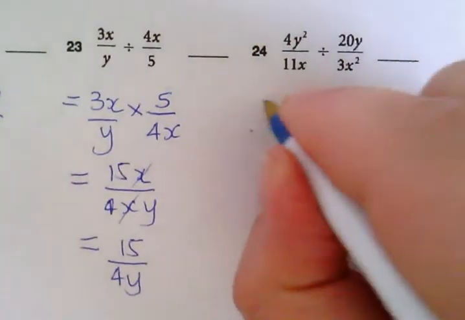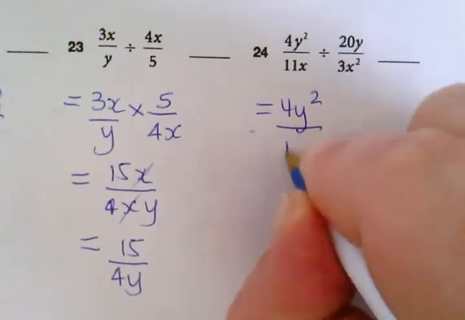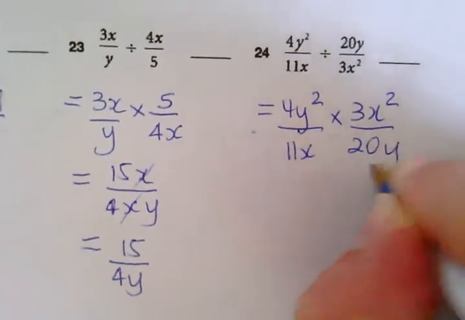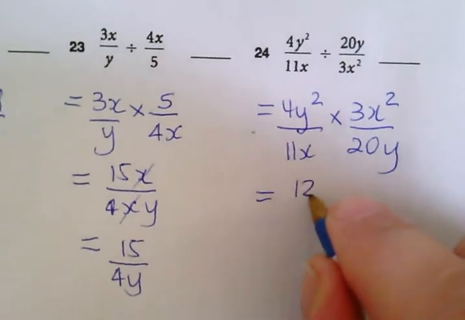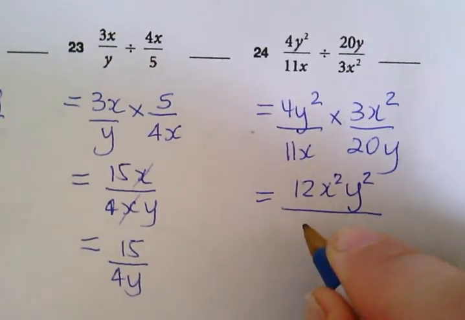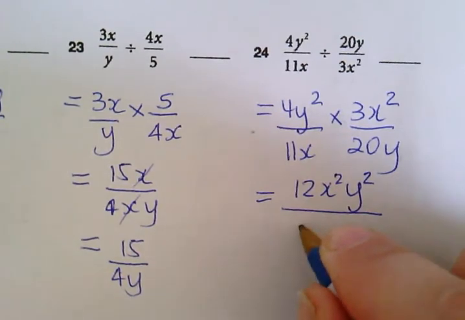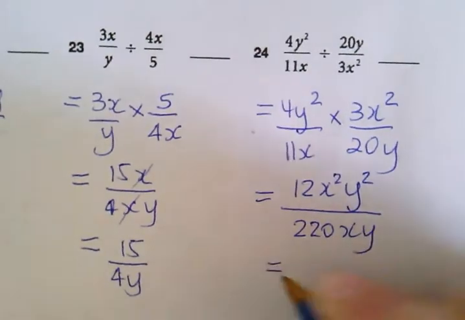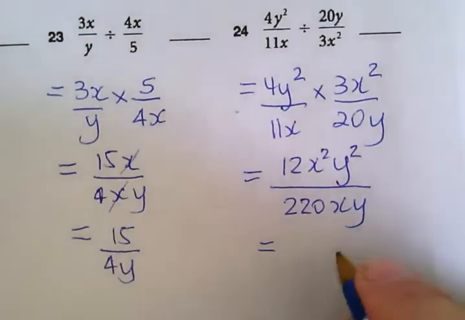And the last one, 4y squared over 11x times 3x squared over 20y. We've got 12x squared y squared over 20 times 11 is 220xy. So one of the x's and one of the y's cancel.